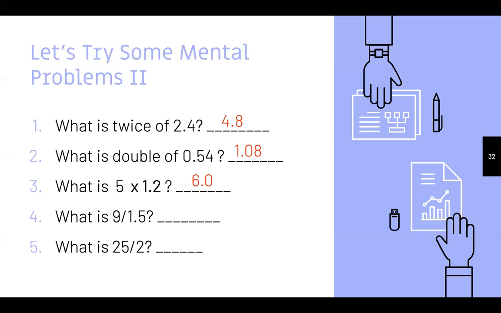What's 9 divided by 1.5? Hint, whole number, right? That number is 6. And then 25 divided by 2 is 12.5, right?